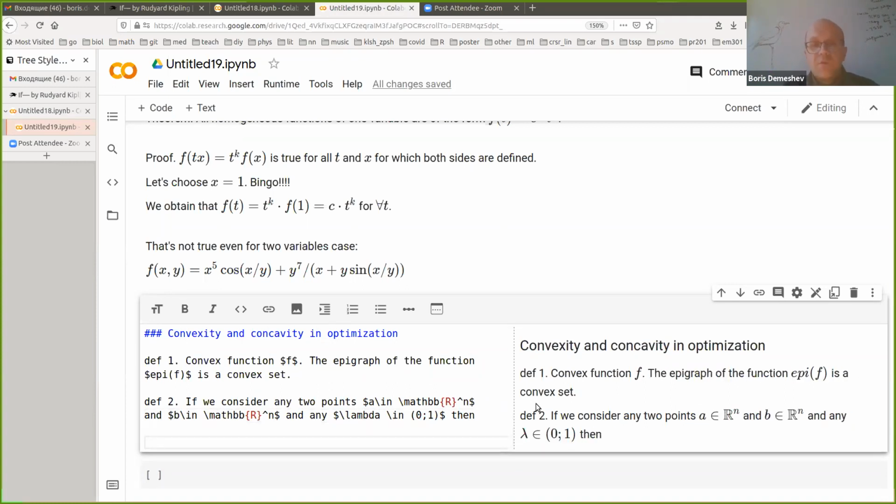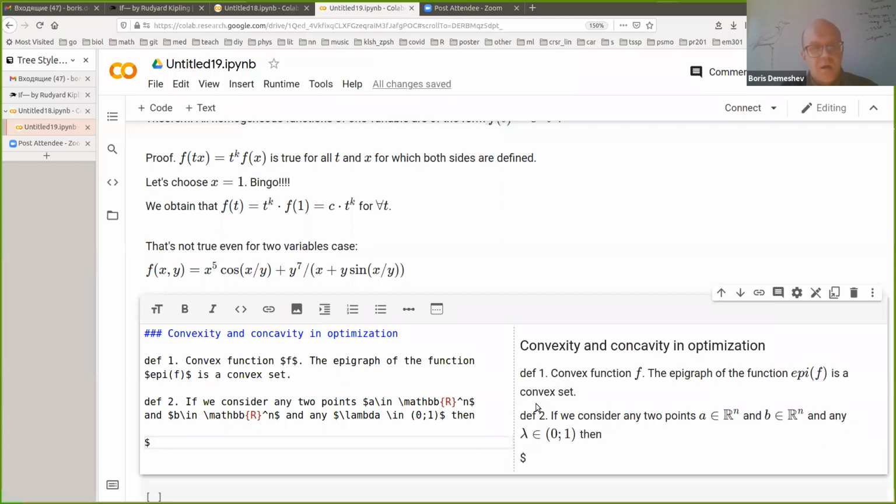Then for a convex function, which side should be bigger?